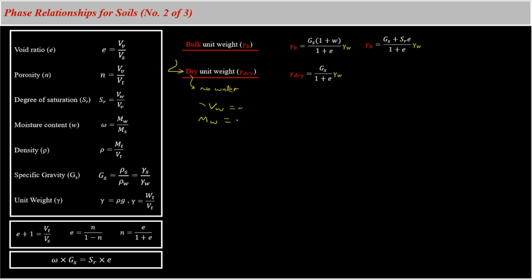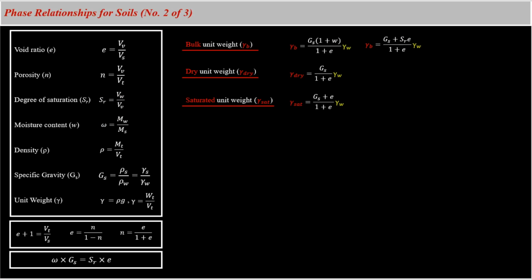So when the volume of water is 0, we get the degree of saturation equal to 0. When the mass of water is equal to 0, we get the moisture content equal to 0. So going back to these bulk unit weight equations, when we have these two equal to 0, we will get this equation for the dry unit weight.